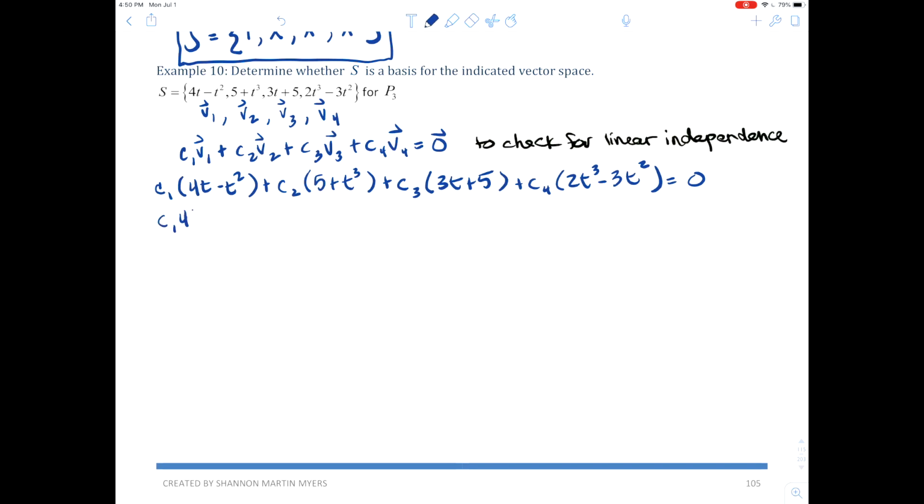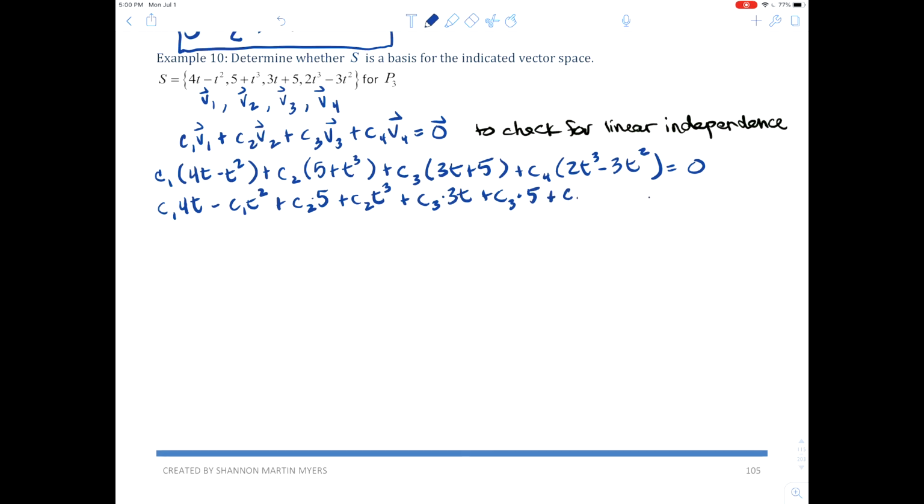So we'd have C1 times 4t minus C1 times t squared plus C2 times 5 plus C2 times t cubed plus C3 times 3t plus C3 times 5 plus C4 times 2t cubed minus C4 times 3t squared equals 0t cubed plus 0t squared plus 0t plus 0.